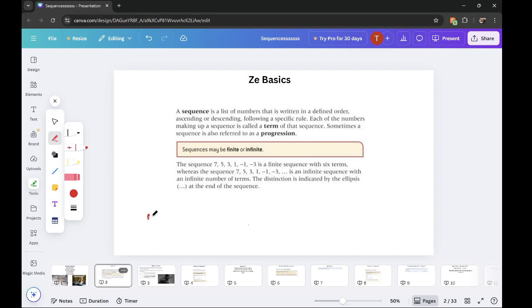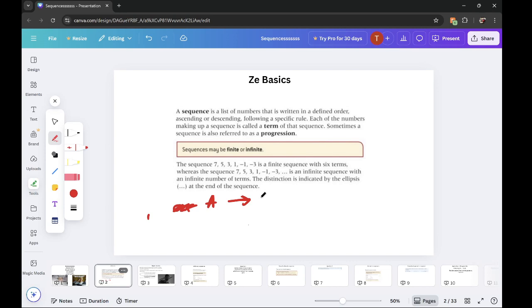An arithmetic sequence, just say A for simplicity, goes up in one consistent common difference. A common difference is what is different between an arithmetic and a geometric sequence.